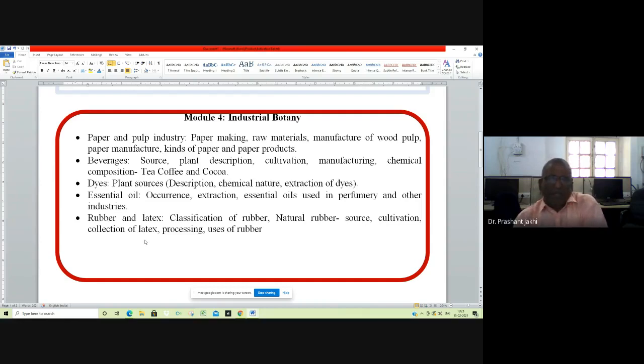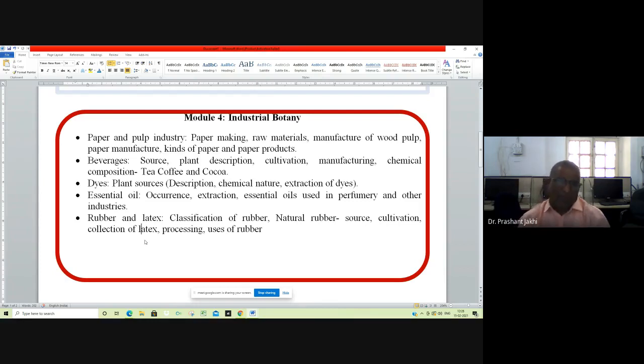Then different types of dyes. You know that we are using a variety of dyes, and most of these dyes are of plant origin. You are well acquainted with bixa, turmeric and saffron. On a large scale these are used as dyes.